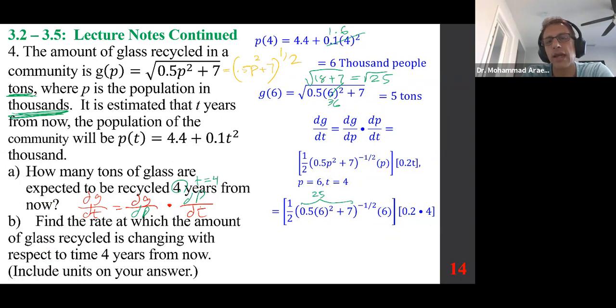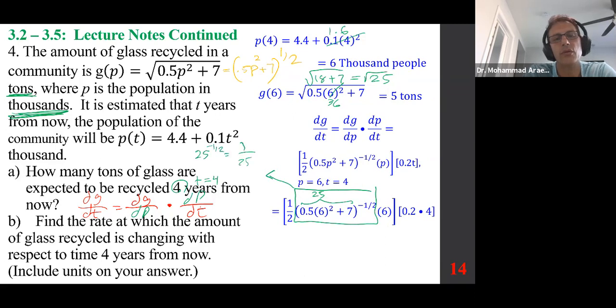So what you're looking at is 25 to the power of negative 1/2. I want to evaluate this on the side for you and refresh your memory here. 25 to the power of negative 1/2 means 1 over 25 to the power of 1/2, which is the square root of 25, which is 5. So that part is 1/5.